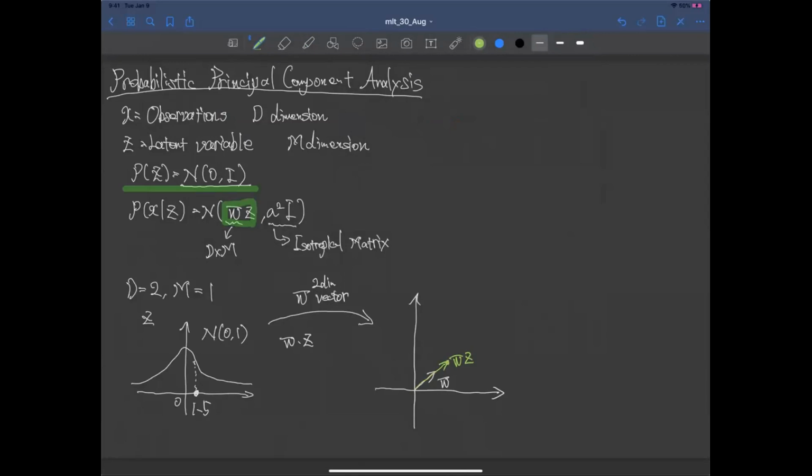Then there is an isotropic variance, so we sample from this kind of contour. The sample will be here or here, but something near the mean WZ is expected.